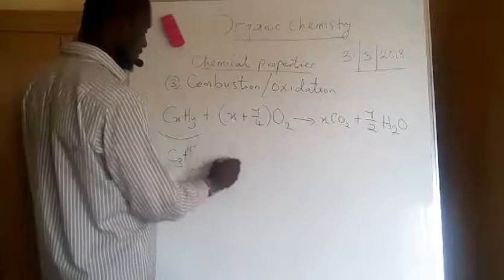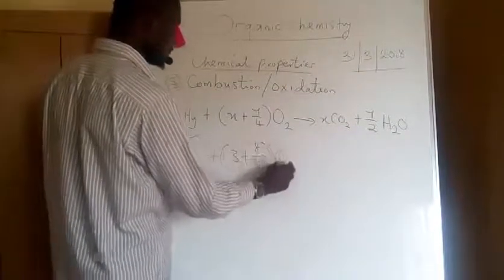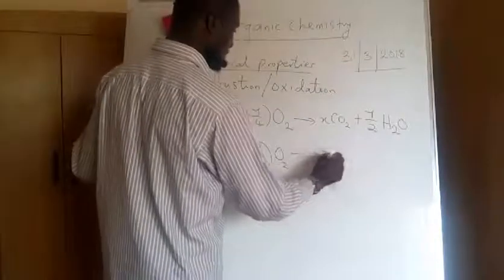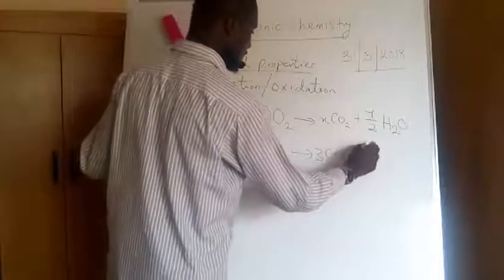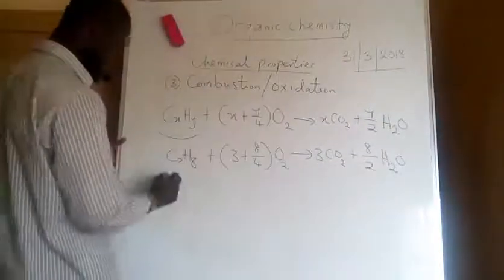So I'll have (3 plus 8 over 4) O2 to give 3 CO2 plus 8 over 2 H2O.